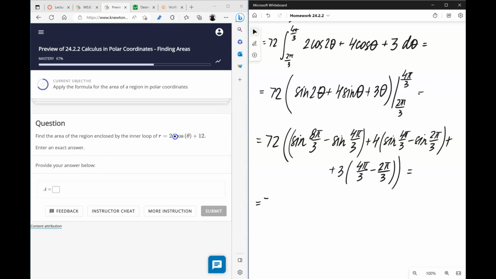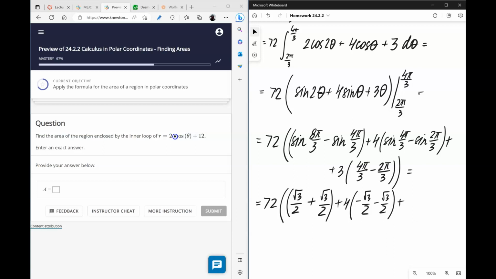And now let's simplify. Sine of 8 pi over 3 is the same as sine of 2 pi over 3, which is root 3 over 2. Sine of 4 pi over 3 is negative root 3 over 2. So that's the first one. Plus 4 times sine of 4 pi over 3, again negative root 3 over 2, minus sine of 2 pi over 3, which is root 3 over 2.